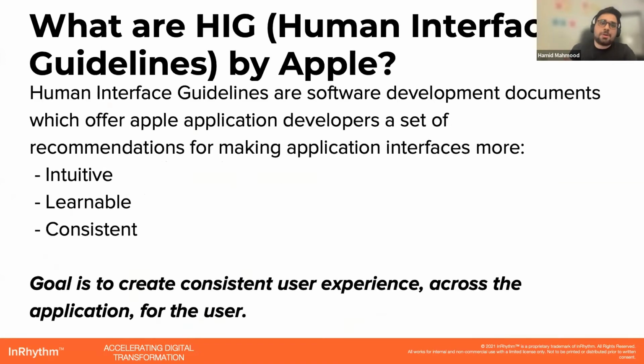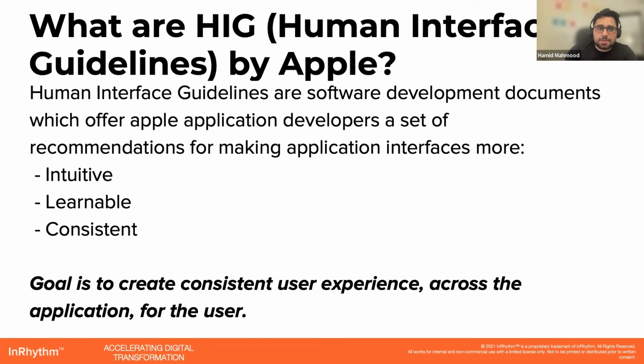I would like to start with what exactly HIGs are by Apple officially. Human interface guidelines are nothing more than a software document given by Apple, fully distributed online on their site. Basically, those guidelines recommend you to make application interfaces intuitive, learnable, and consistent.